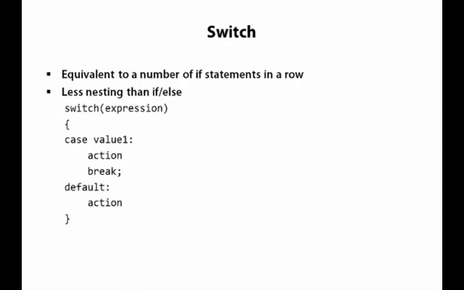And optionally at the end of it all, you can have a default, colon, and what to do. If you leave the break off, control just falls down and executes the next case for you, which is sometimes what you want, usually not what you want. Then you have a close brace at the end of the whole thing to say, okay, I'm all done with the switching.